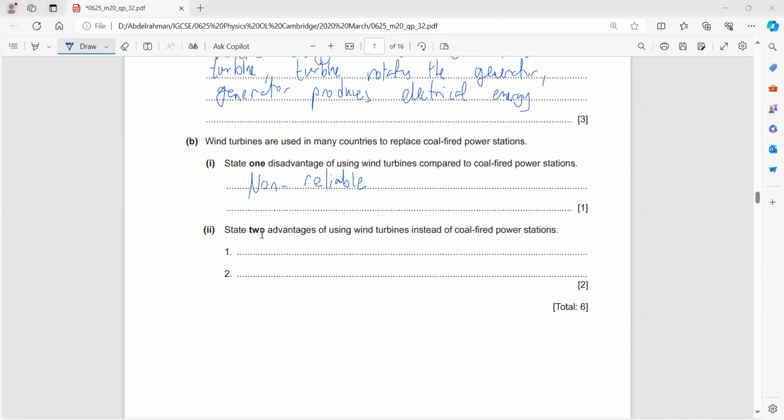It's renewable, and it doesn't cause pollution. Okay. Doesn't contribute to, let's say, global warming or acid rain. It is definitely renewable. Correct.